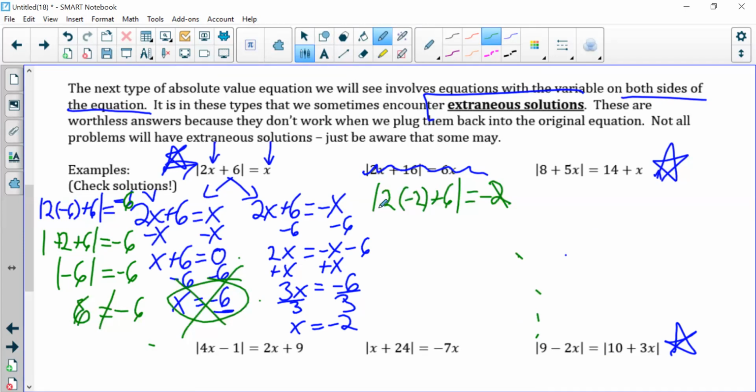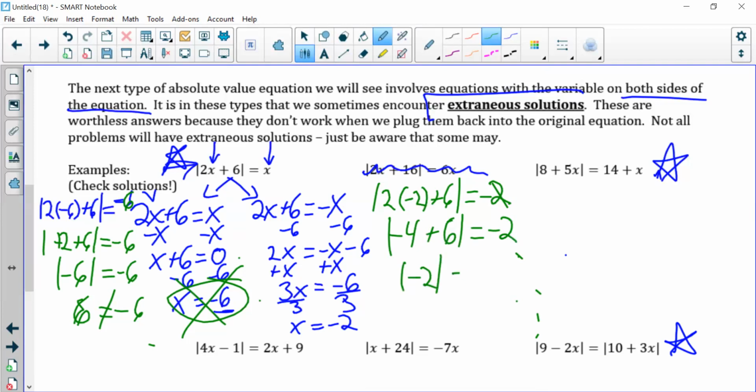All right, 2 times negative 2 is negative 4 plus 6 equals negative 2. And then we're going to say negative 4 plus 6 is negative 2.